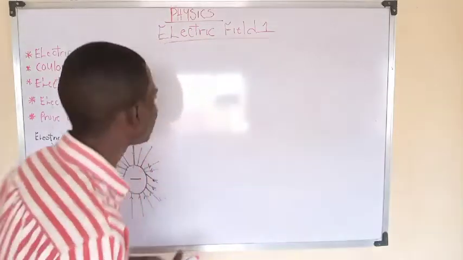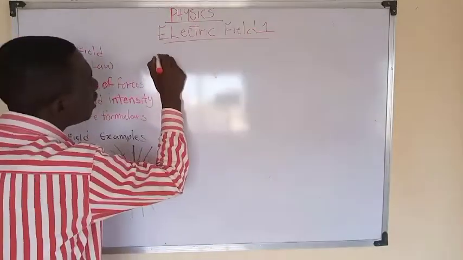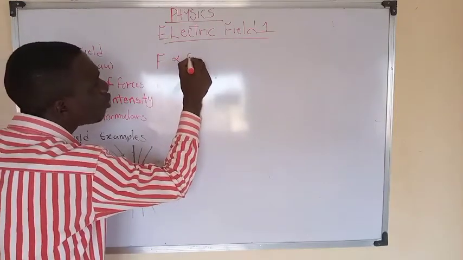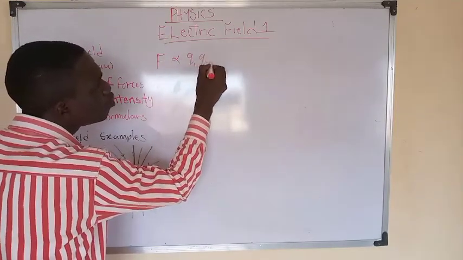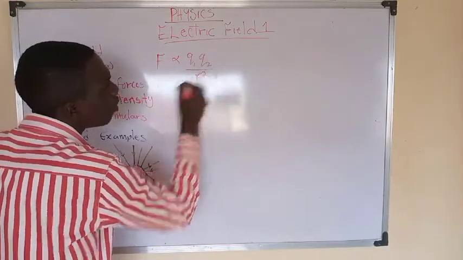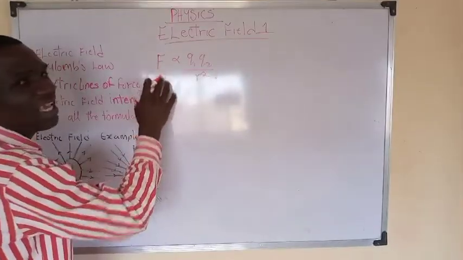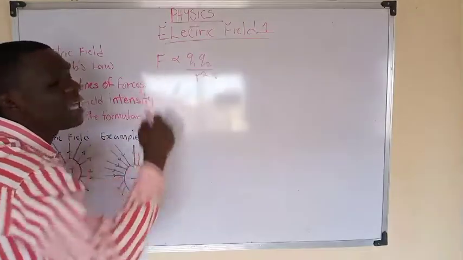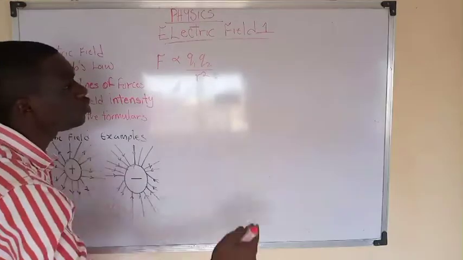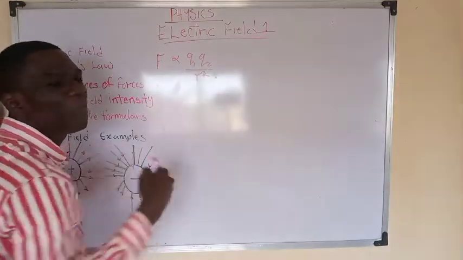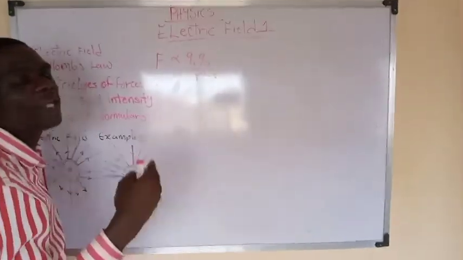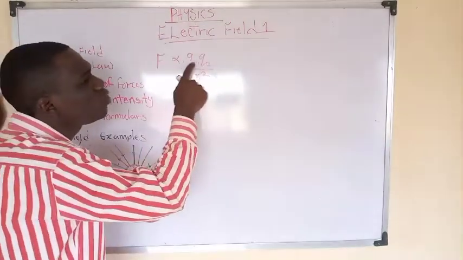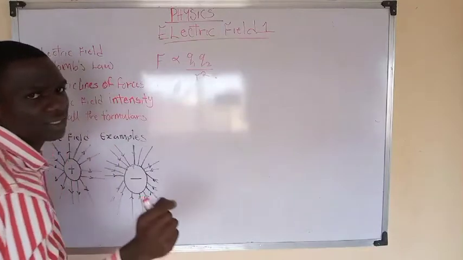Mathematically, the electric force F varies directly as the product of Q1 Q2 over r squared, where F is the electric force measured in newtons, Q1 and Q2 represent the 2 point charges measured in coulombs, while r is the distance separating these two charges measured in meters.